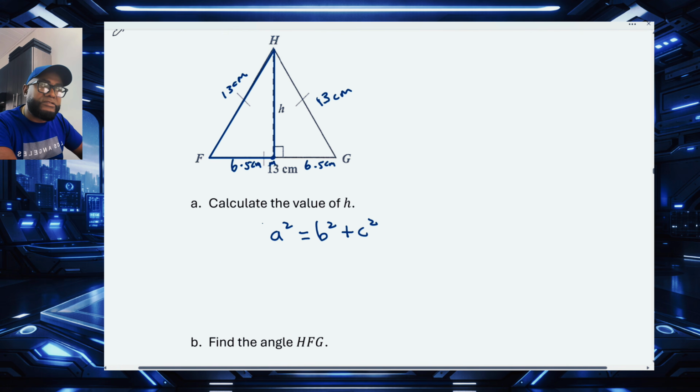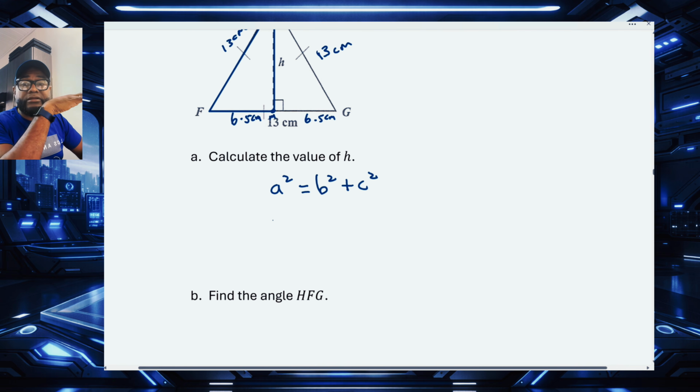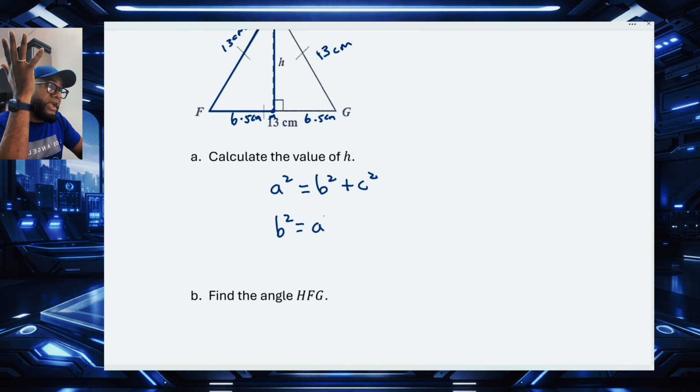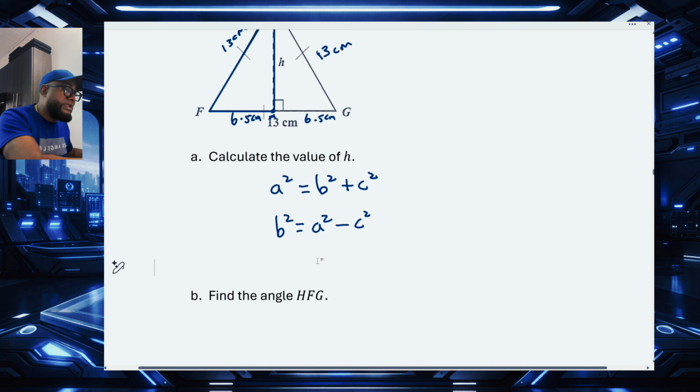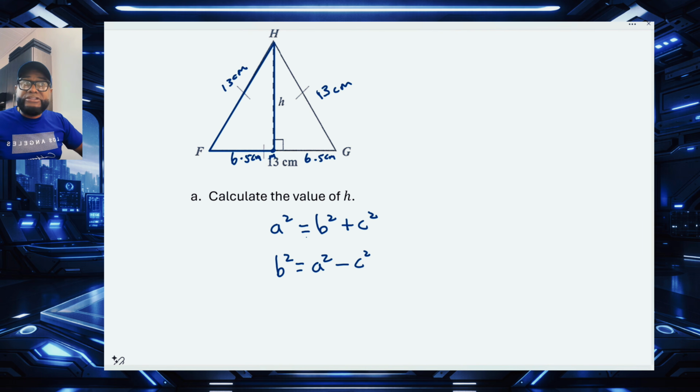So a squared is equal to b squared plus c squared. What is my hypotenuse in this question? It's a. So the edited version of this formula would be b squared is equal to your hypotenuse squared minus your other side squared. Everybody good there? What is my b in this case? It's what we're trying to find, which is H. H squared will be equal to what is my hypotenuse? 15.